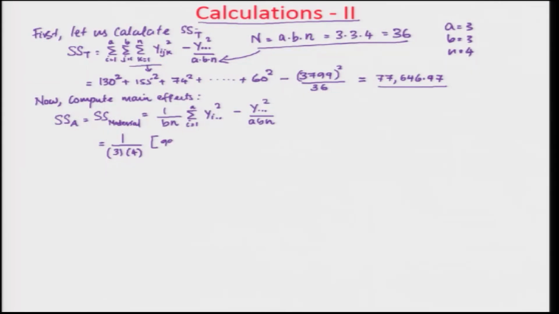So 998 square plus 1300 square plus 1501 square. Okay. This is the first term minus the same term, 3799 whole square divided by 36. Okay. So when you do this computation, you will get a value of 10,683.72. Okay. So this is the sum of squares of A, the first factor, or the material.